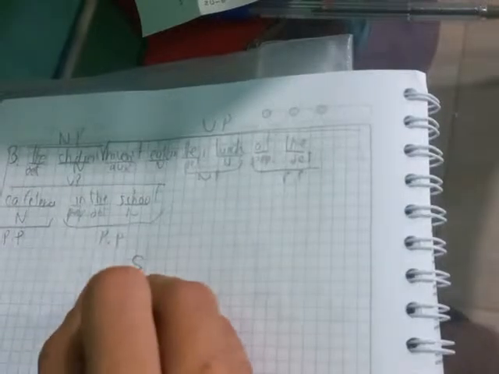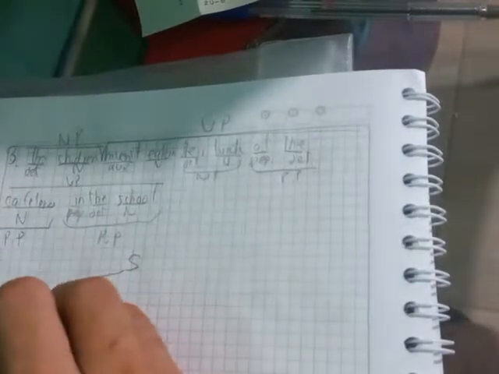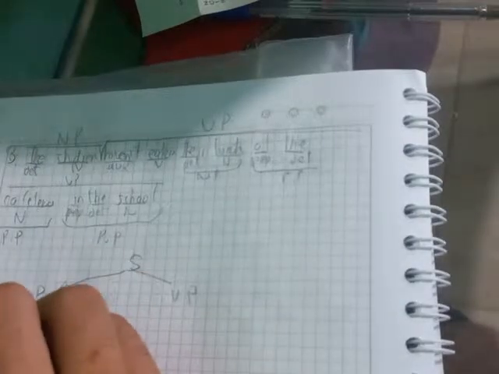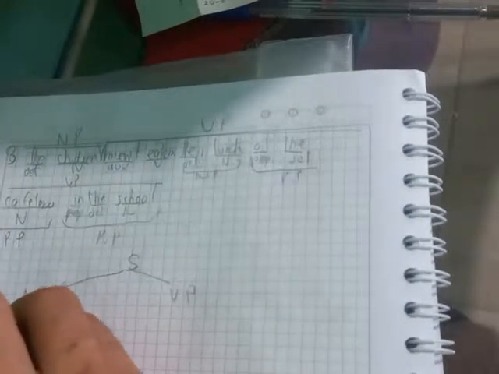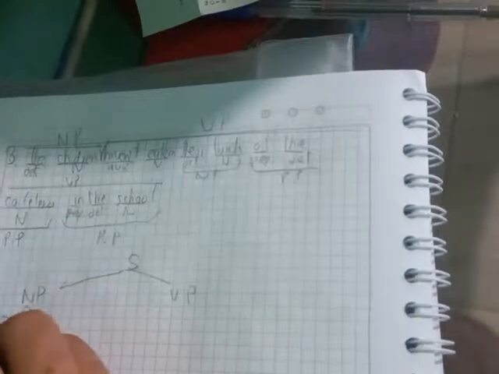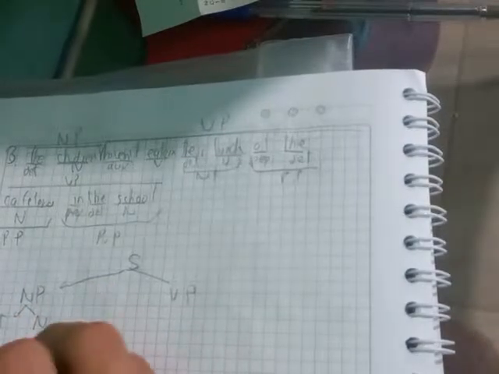The noun phrase and the verb phrase. Okay, the noun phrase will be a determiner and a noun. This is the children. Let me fix that a little bit.